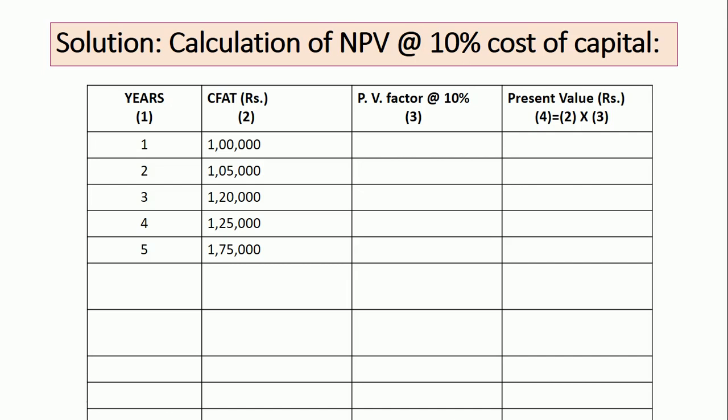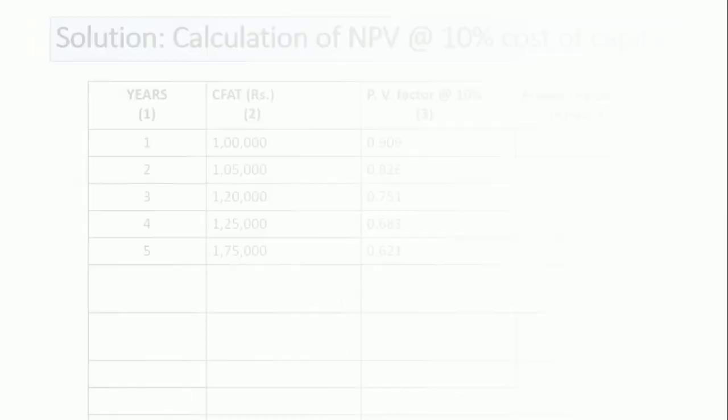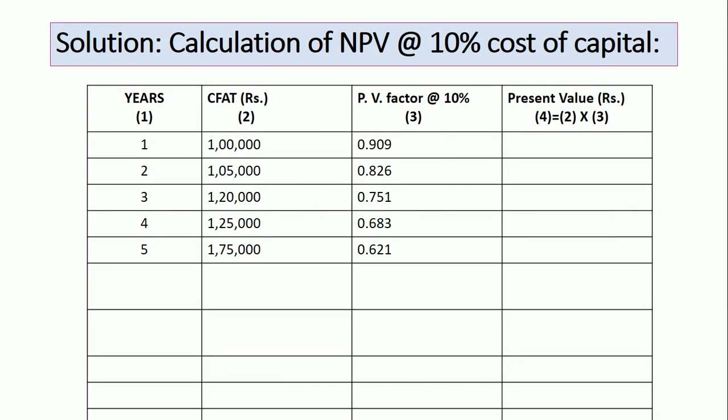In the third column, we have to calculate PV factor at the rate of 10%. We already discussed this in the example. Here you can see for first year 0.909, for second year 0.826, for third year 0.751, fourth year 0.683, fifth year 0.621.